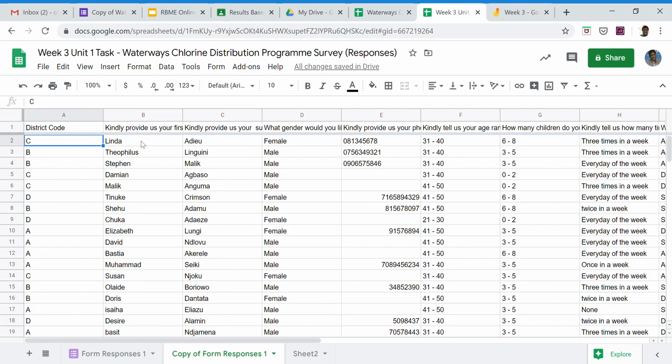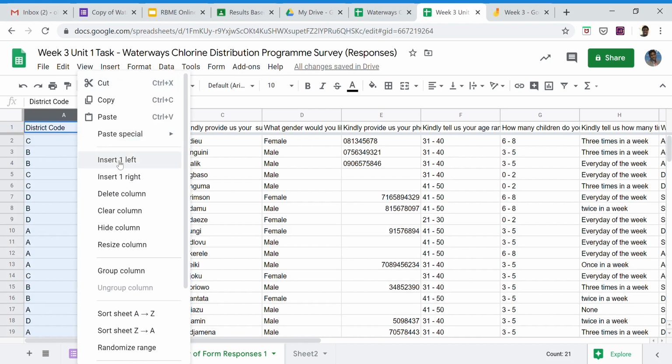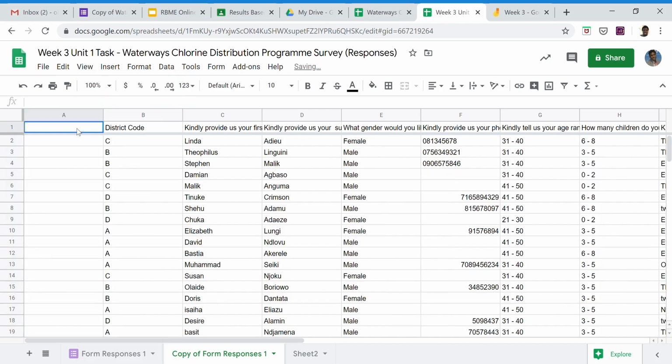Then, once I'm able to ascertain that, one thing I'll do is insert one column to the left and create an ID based on the respondents. So I create respondent 1. I can use any code: respondent 1, respondent 2.